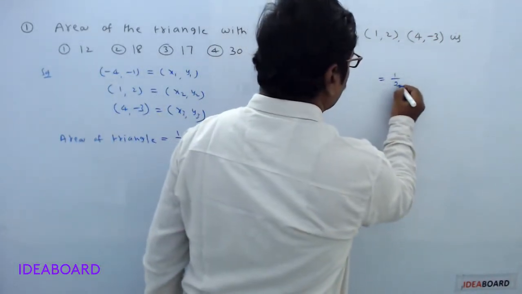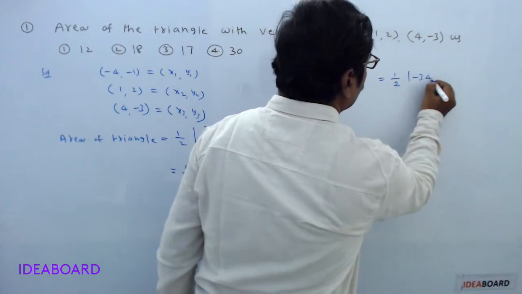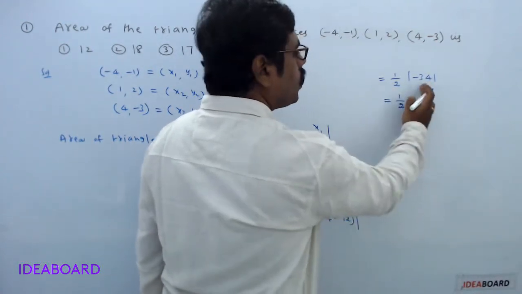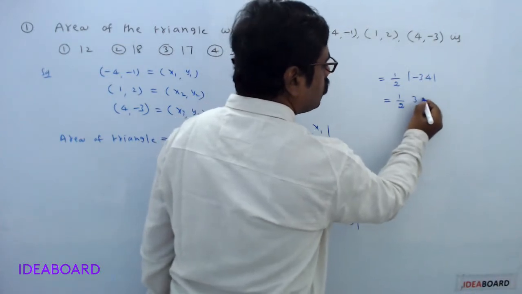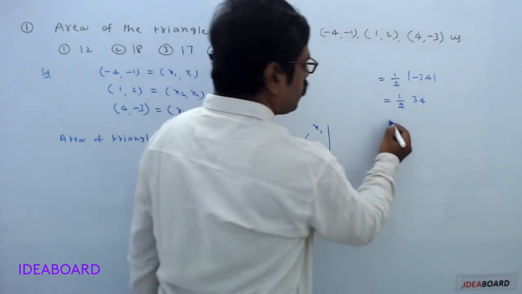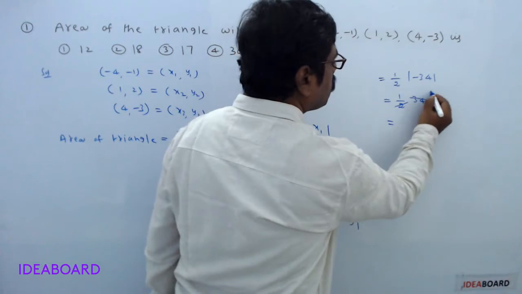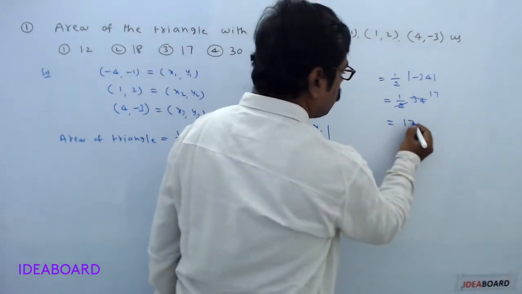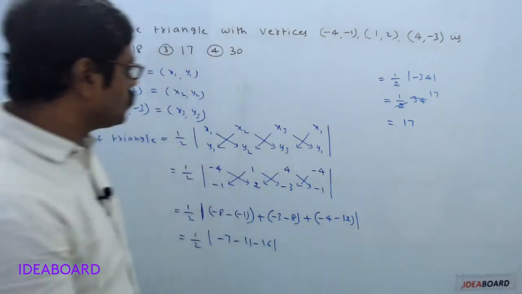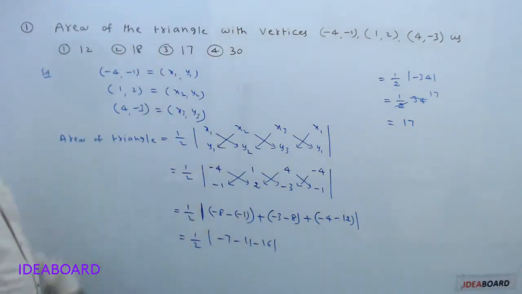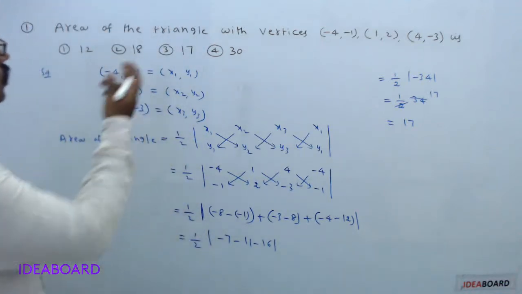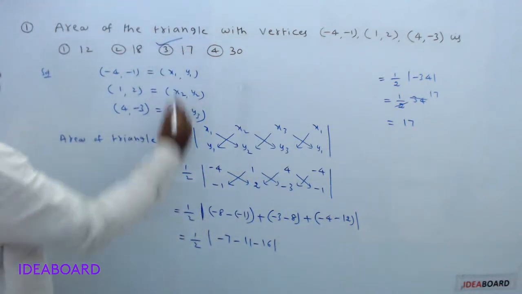So this is 1 by 2 modulus of minus 34. 1 by 2 into modulus of minus 34 is 34 by 2. Now 2 will be cancelled, 2 17s are 34. So this is equal to 17. So therefore area of the triangle equals 17 square units. So your answer is the third option.